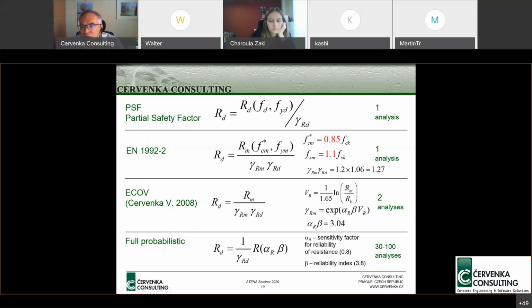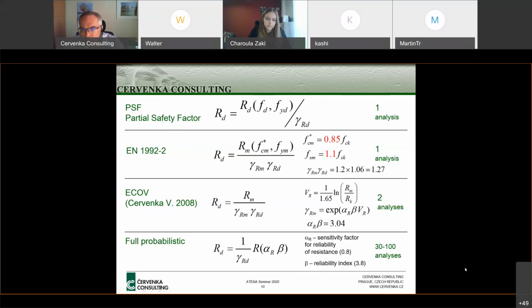The one with the mean parameters estimates the mean strength, and the one with the characteristic parameters estimates characteristic strength. And then we can make an assumption about the statistical distribution of strength, which is typically log normal. And we can calculate this global factor by this expression, where we can already take into account this beta, which is the reliability index based on the codes. So for different design levels, it's possible to consider different required reliability.